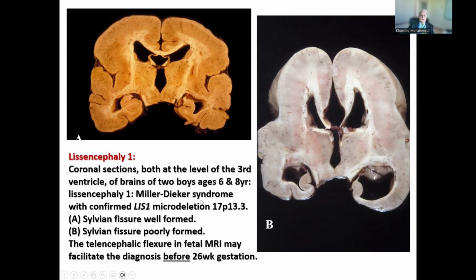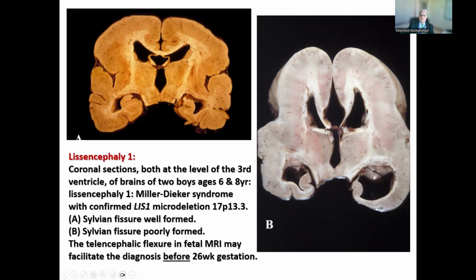And so they have identical genetic mutations. And yet, in the brain at the top, you can see that the Sylvian fissure is well formed, even though the brain is largely lissencephalic. It's smooth, as you see here, maybe a little bit of pachygyria in the temporal lobes, but mostly it's lissencephalic.